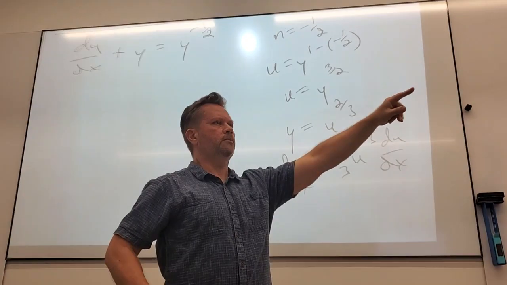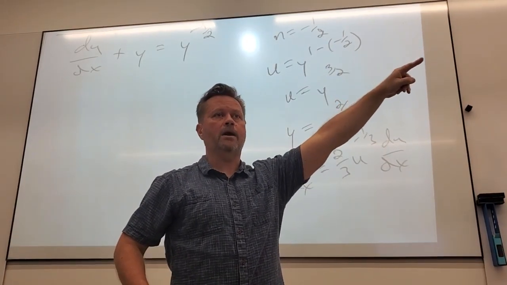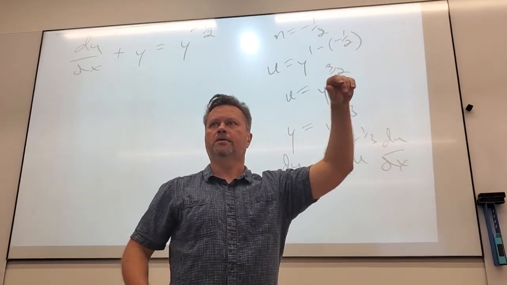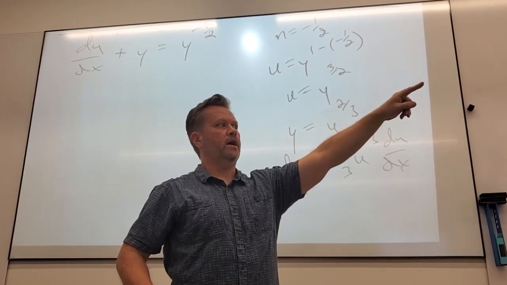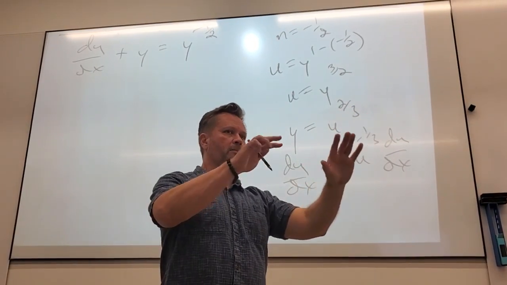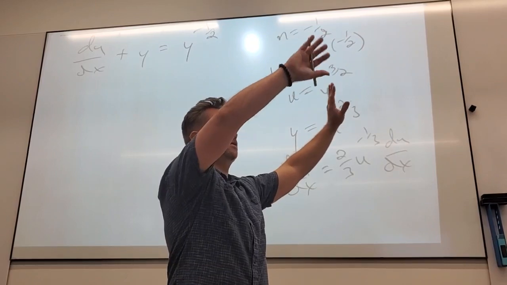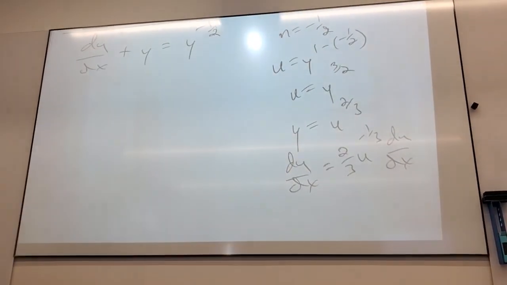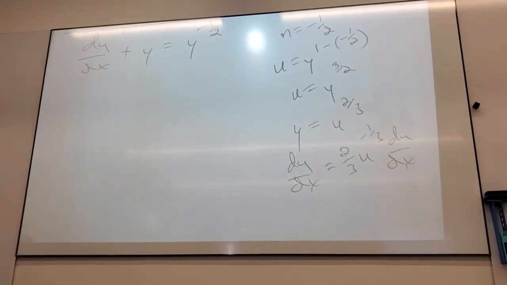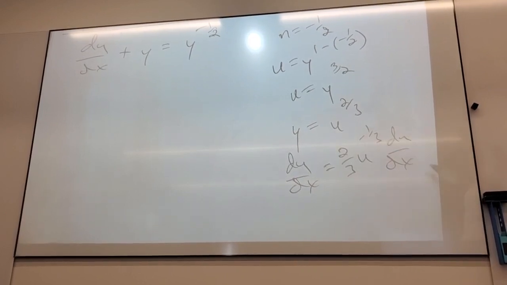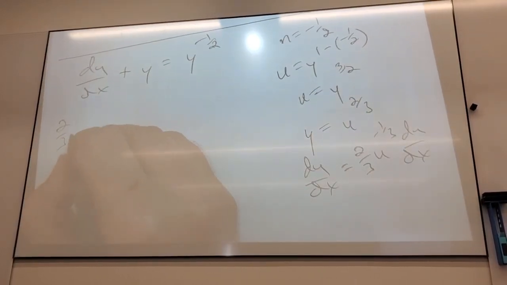I use Bernoulli's, and Bernoulli's is all predicated on what's the power on that extra y term, right? In this case it was a negative 1/2. Now watch what happens. I'm going to start subbing stuff in, right? dy dx is all this mess here, yes? So I'm going to replace this.